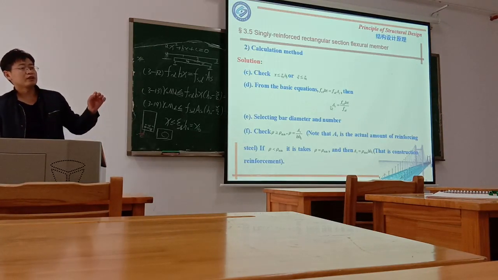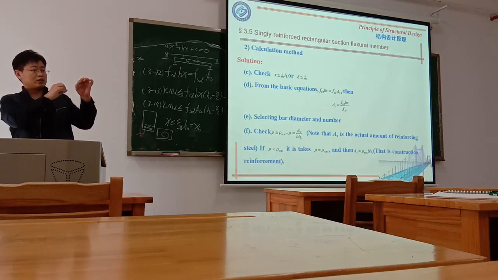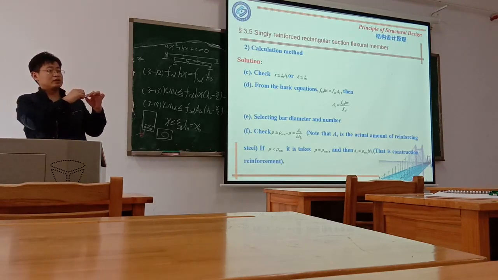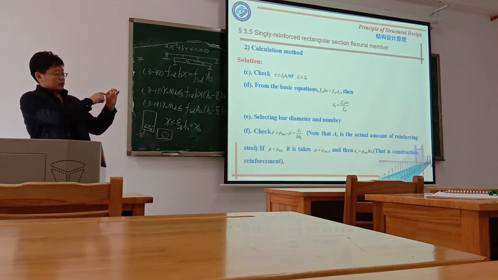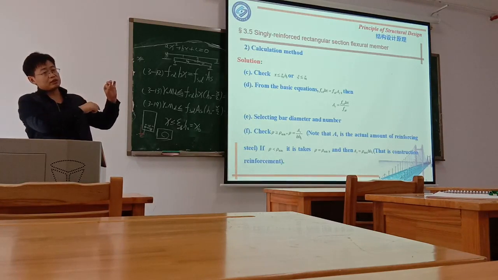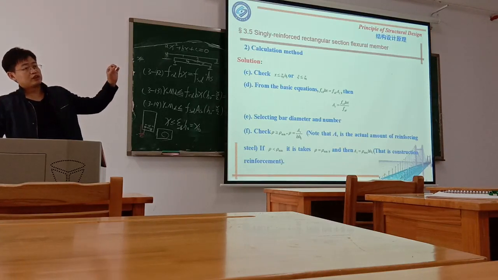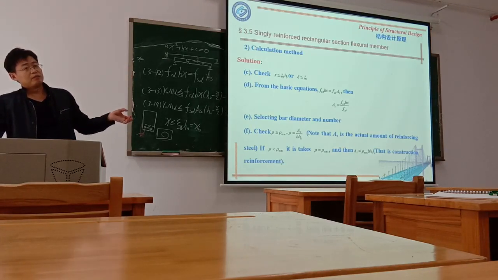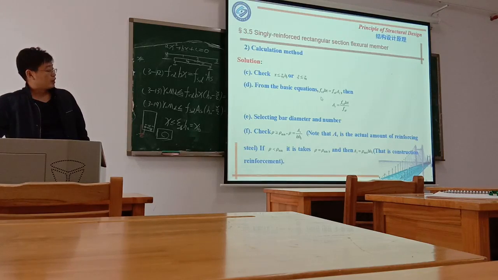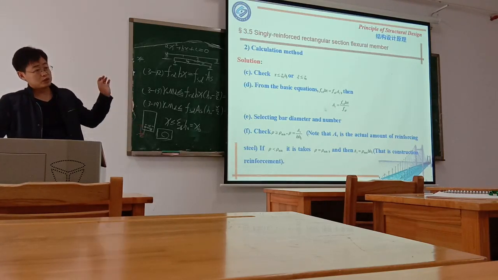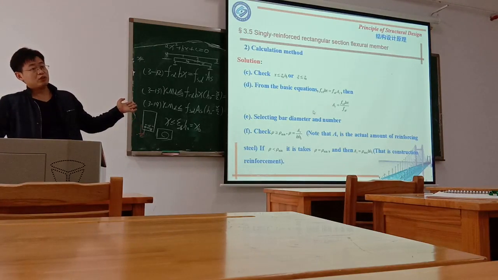You cannot get exactly this value, because the diameter of the steel is fixed: 20, 22, 26, something like this. Maybe it's a little bit smaller than this value. Or no, it should not be smaller, at least equal. Normally it's larger than this value.